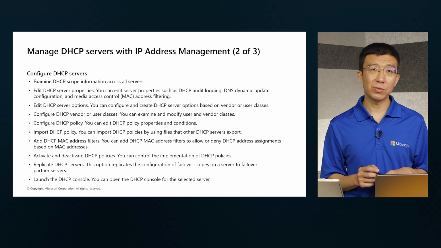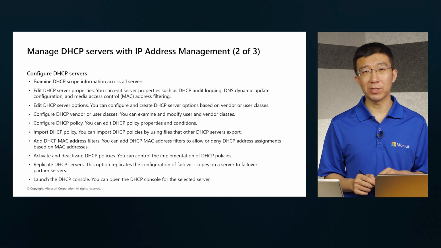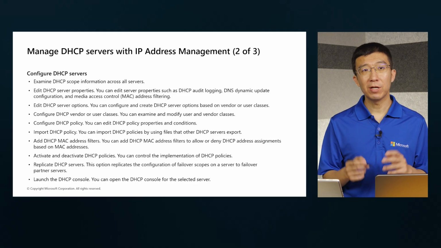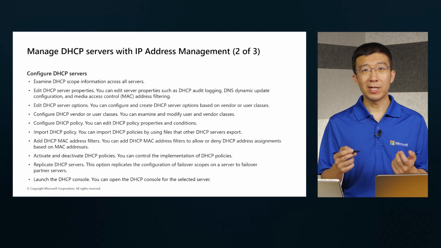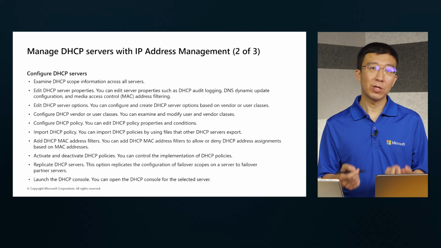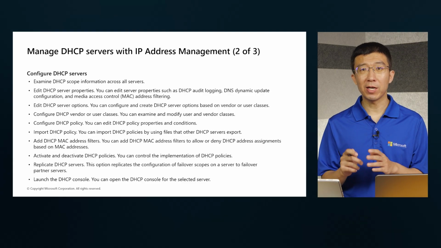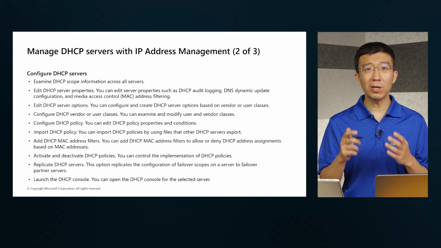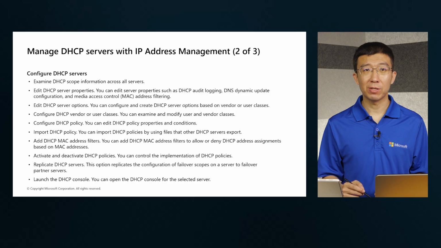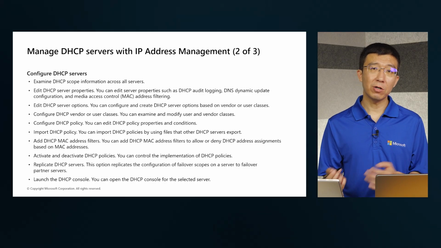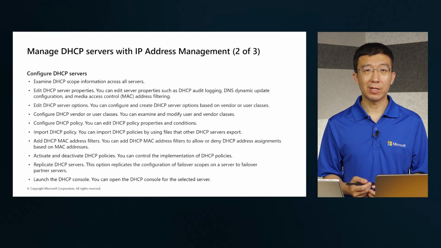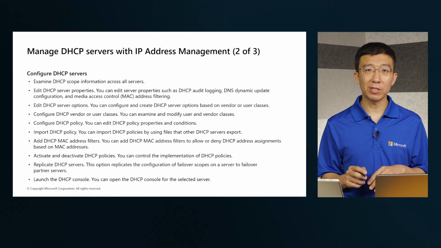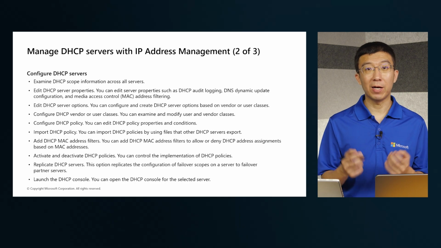IPAM also lets you manage DHCP policies, import policies from other servers, and add MAC address filters to control which devices can retrieve addresses. You can activate or deactivate DHCP policies, replicate failover scopes to partner servers, and launch the DHCP console for any managed server directly from IPAM.